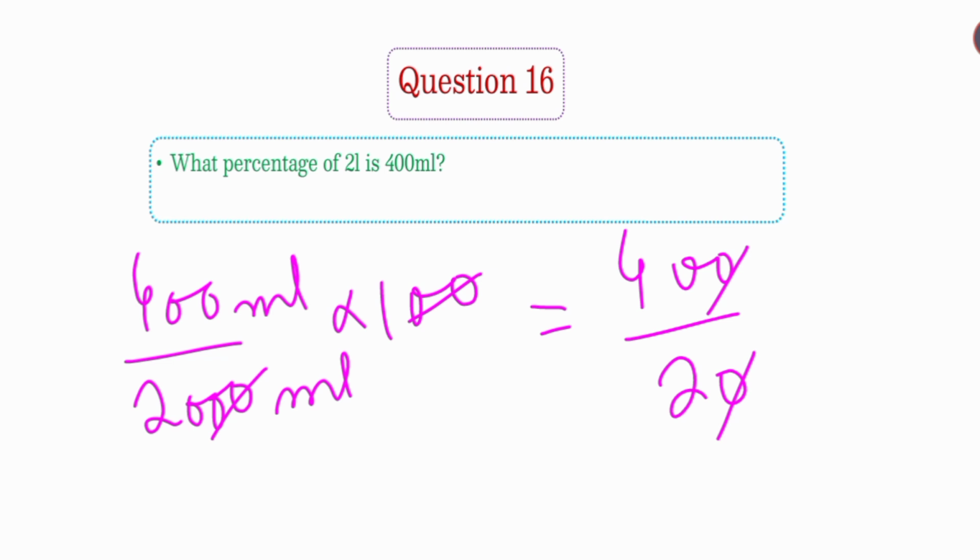So one zero would be cancelled out with the one zero in the bottom, and you are left with 40 divided by 2. 40 divided by 2 is obviously 20. So it means 400 milliliters is just 20% of 2 liters.